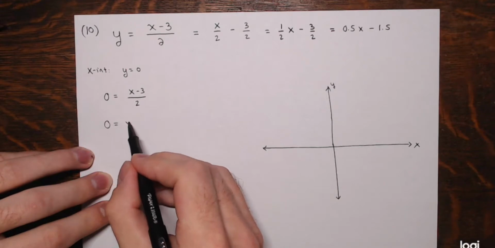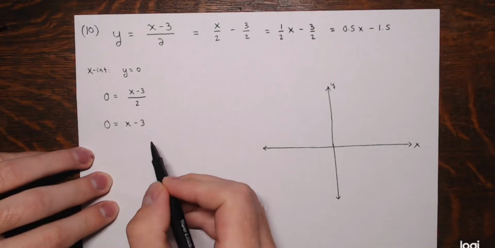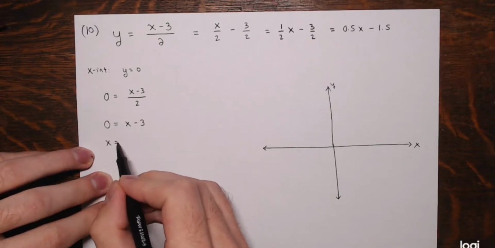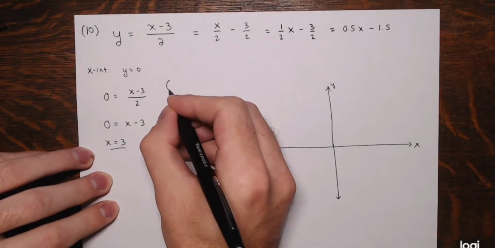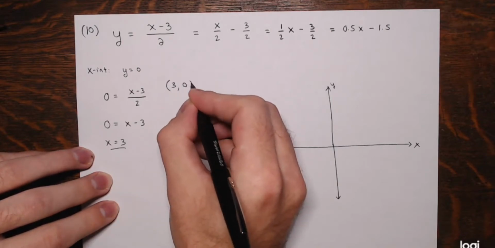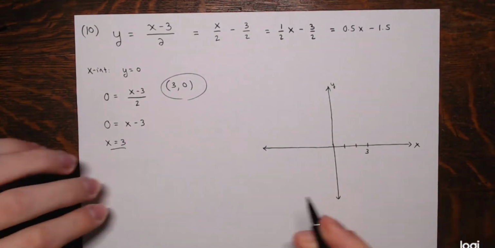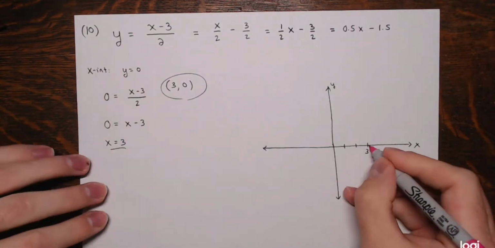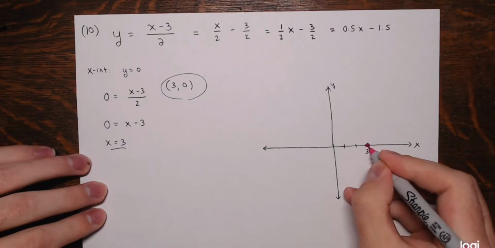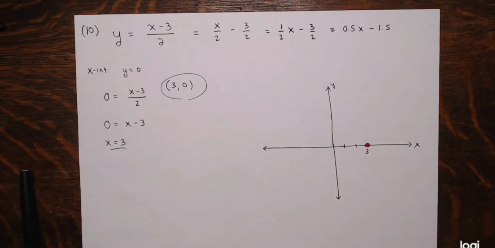You have just the numerator left, x minus 3. And then add 3. x would be equal to positive 3. So 3 for the x, 0 for the y. There's the x-intercept. So I go positive 3 on the x-axis. There's where the graph is going to be on the x-axis right there. Plot that point.